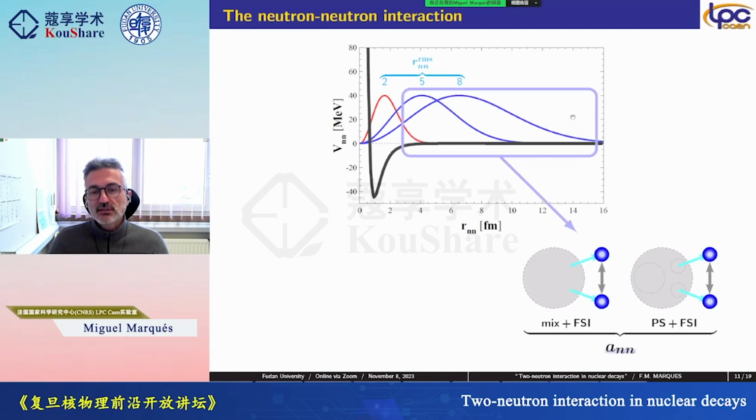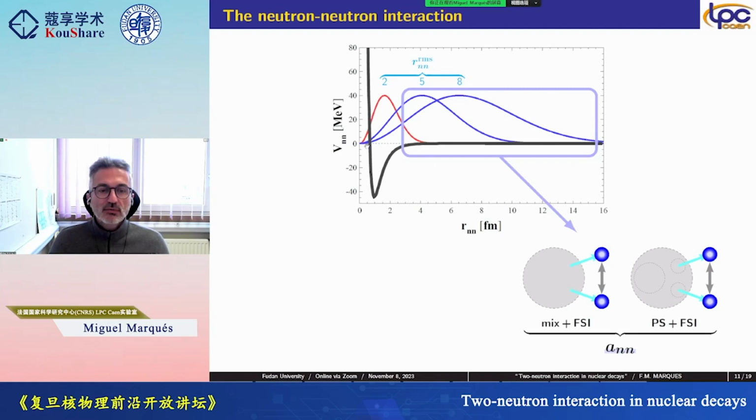So in those cases, you don't care about the shape of the interaction. You can only use the scattering length. And this is what is done in the Lednicky model. So one parameter characterizes the final state.